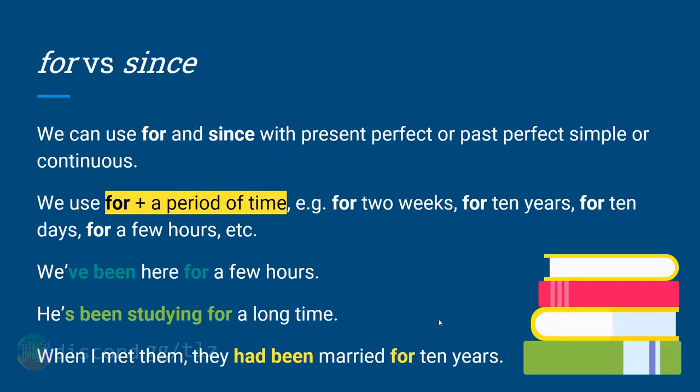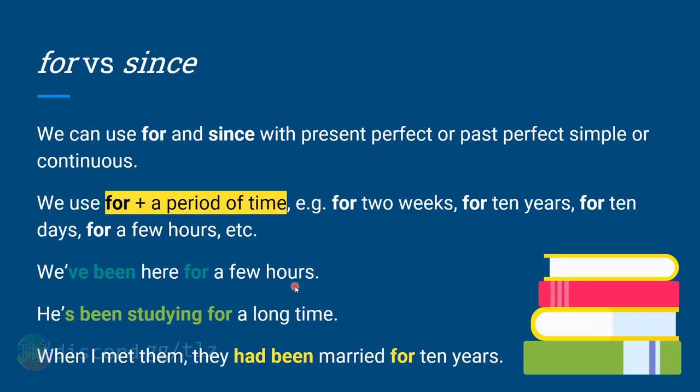So when we're describing something, I think today we are going to use for a few hours. It's generally just a period of time. It doesn't have to be years. It could be just weeks, days, minutes.